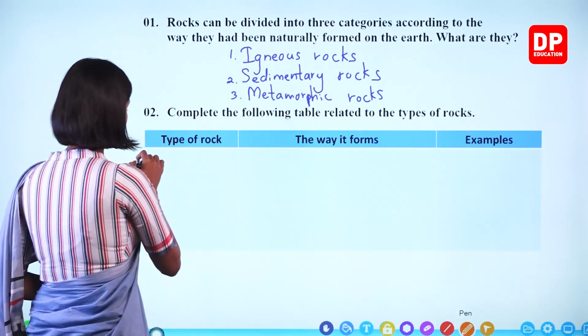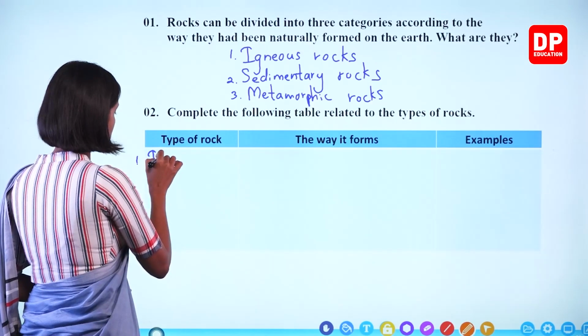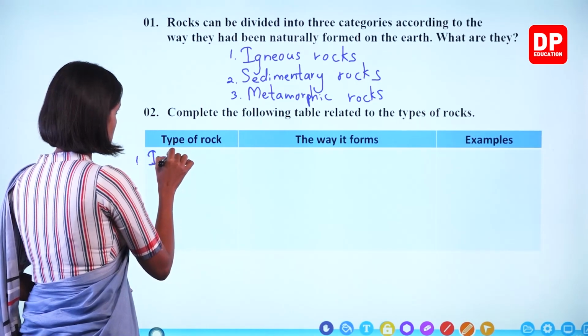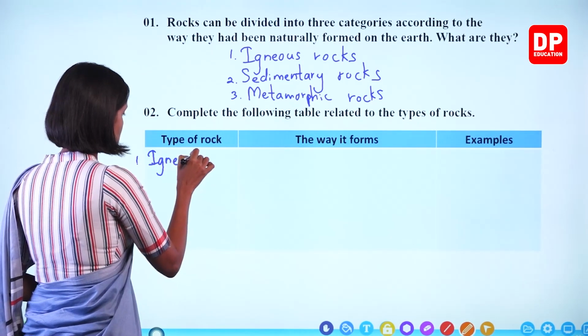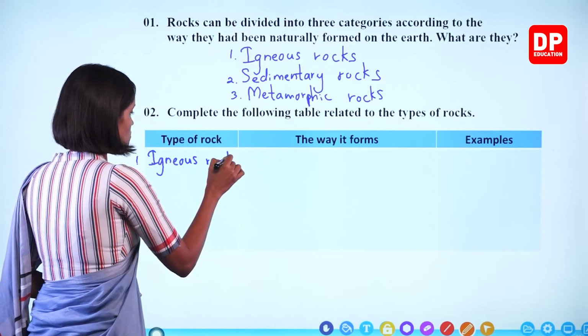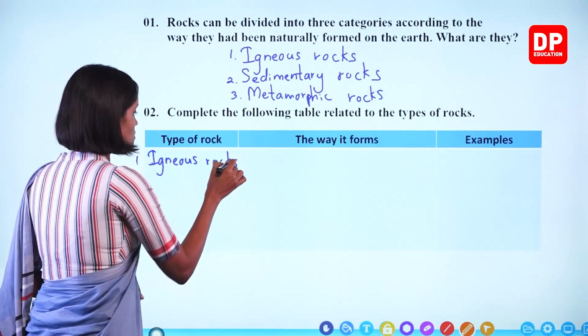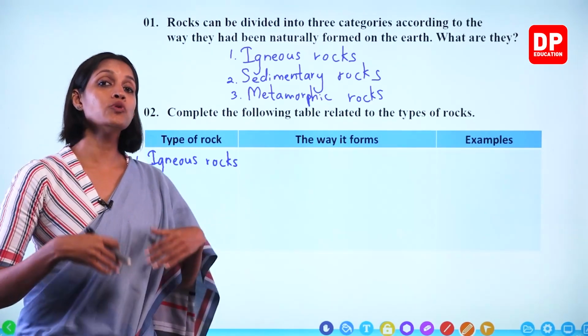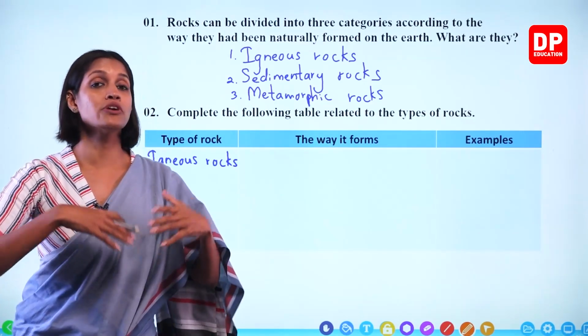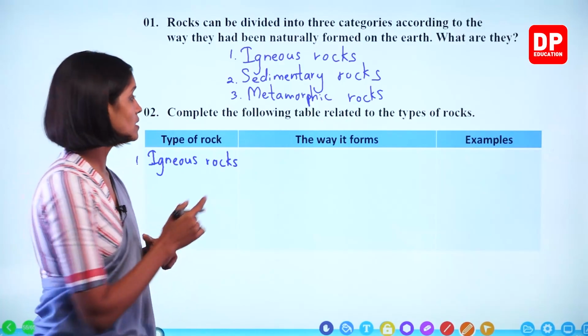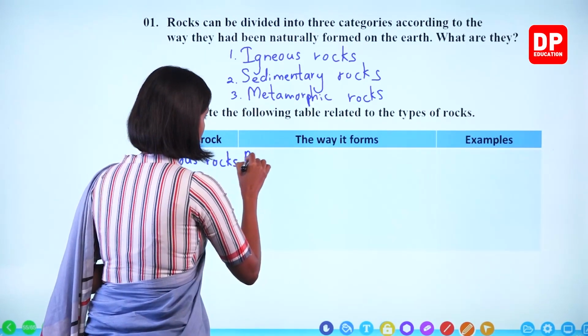So we'll first write igneous rocks. So how do they form, children? By cooling down of lava that comes out during volcanic eruptions. Okay? The way it forms, we'll write in short form.